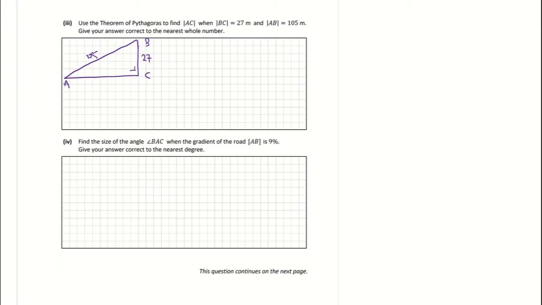They want me to find the length from A to C, this length here. So Pythagoras' theorem is C squared is equal to A squared plus B squared, or any variation that you use. And filling in my C, that's the side across from the 90, so that's my 105.